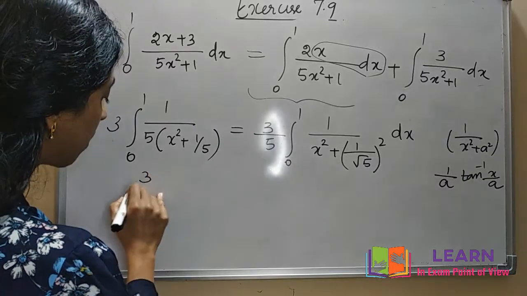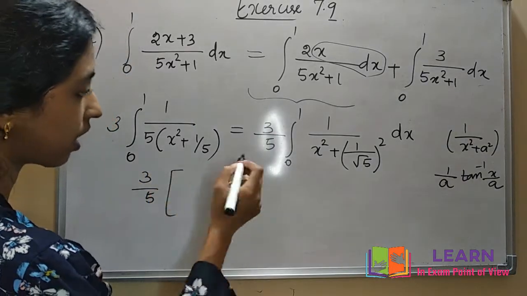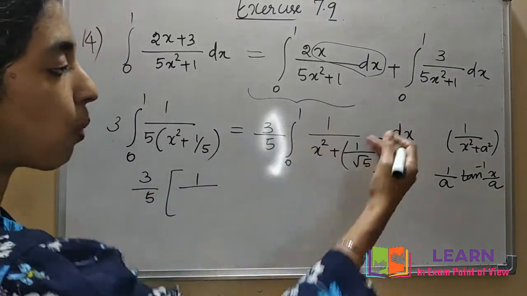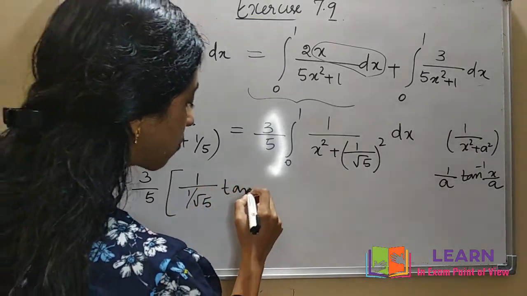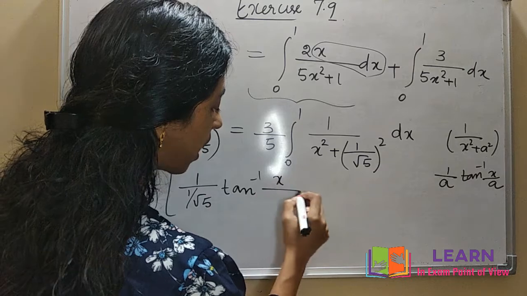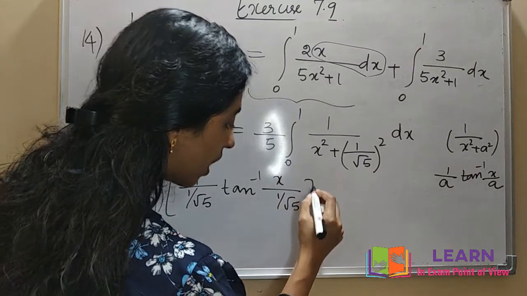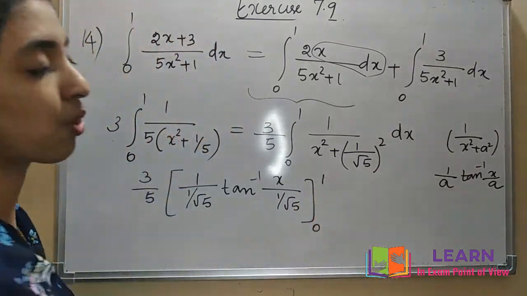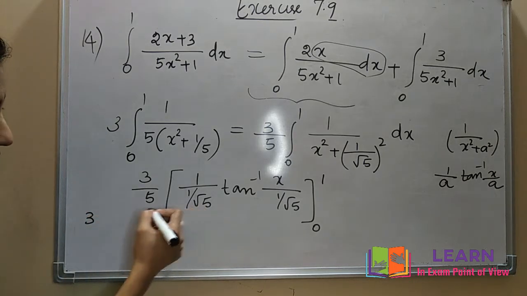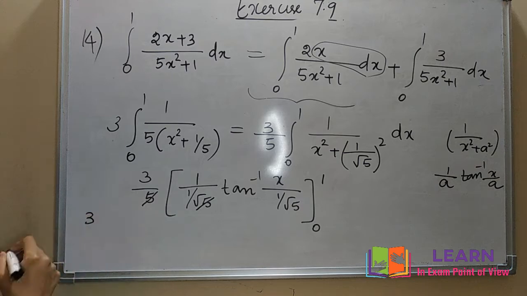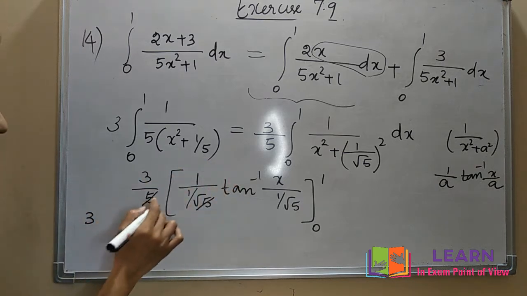So 3 by 5, on integrating, what will we get? 1 by a. A is what? 1 by root 5. Tan inverse x by a. X by a is what? Again 1 by root 5. Now within the limit 0 to 1. Fine. Then this root 5 will get cancelled, this will go up, right?